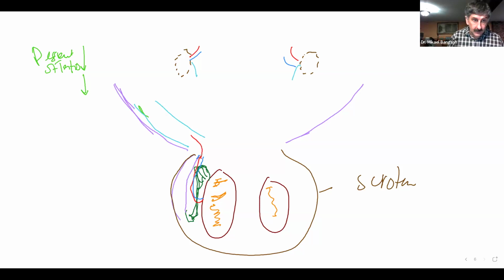But we also said that the vas deferens, along with the artery and along with the vein, when they leave the scrotum and pass through the inguinal canal, are going to be enclosed together in a sheet, which makes all these structures together become what we call the spermatic cord, which runs through the inguinal canal.